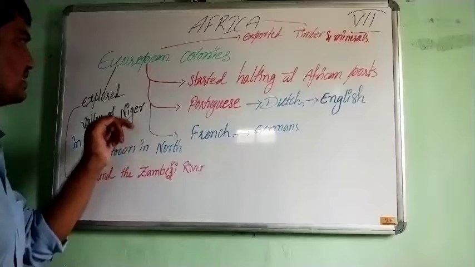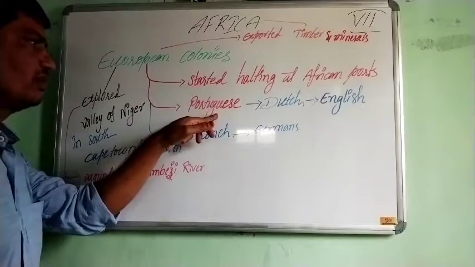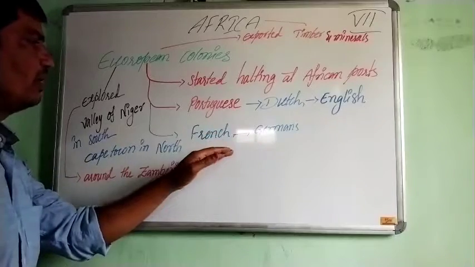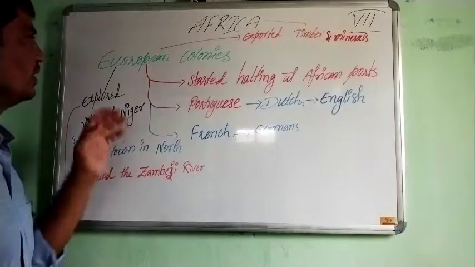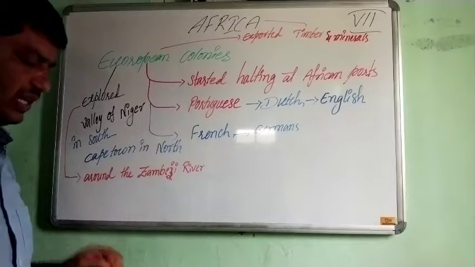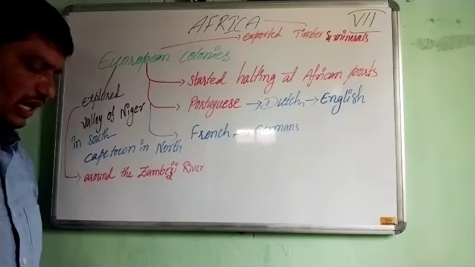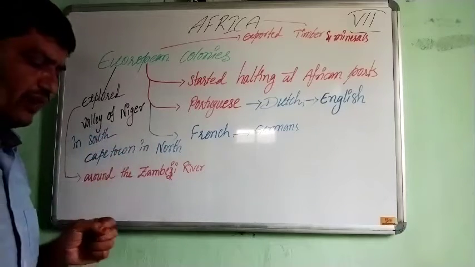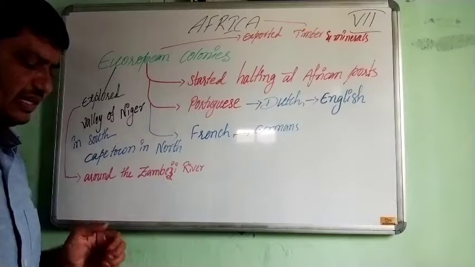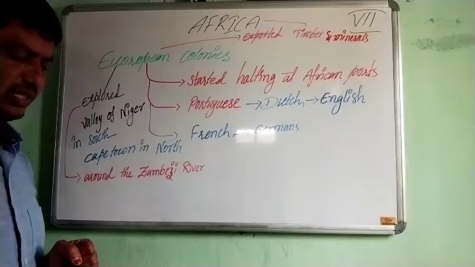After the Europeans, Portuguese people, Dutch people, English people, French people, and Germans went into the interior parts of Africa. And the political map of Africa at the close of the 19th century is given in our textbook.